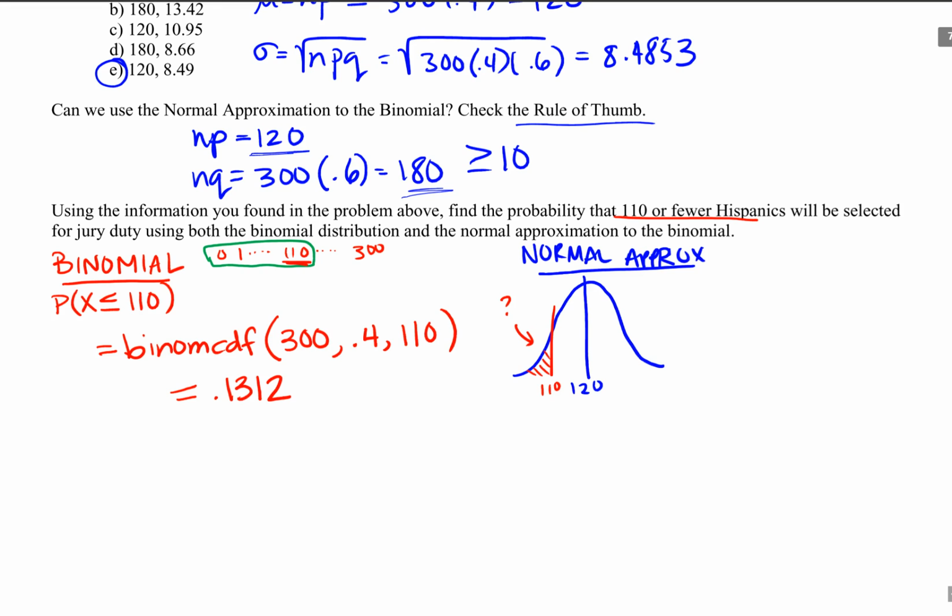So we could just use the area under the normal curve to approximate or guess at what this probability is. And how do we find areas under the normal curve? Well, we use normalcdf: our lower bound, our upper bound, our mean, and that standard deviation that we had from before. I'm going to just use the rounded version that they had.